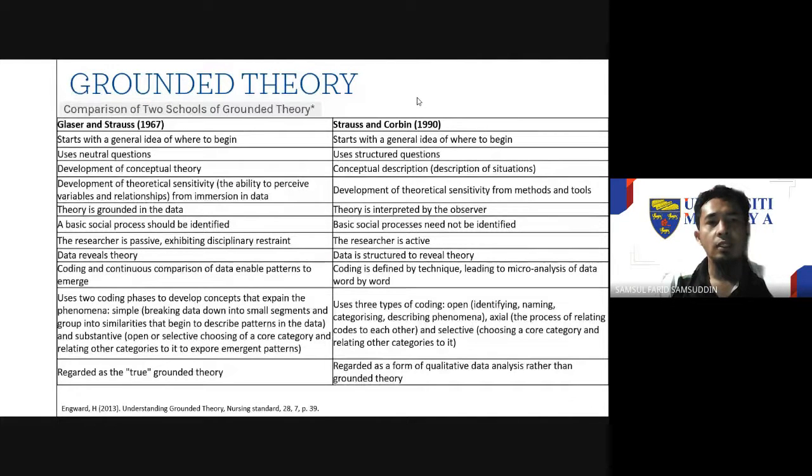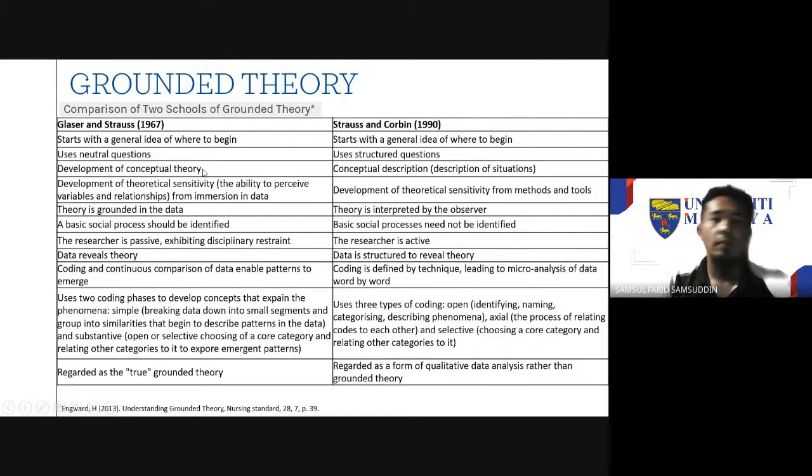Okay, this is the comparison of two schools of thought on grounded theory. One from Glaser and Strauss, and another one from Strauss and Corbin. So you can see the difference. This one uses neutral questions, this one structured questions; development of conceptual theory, this one conceptual description of the situation.